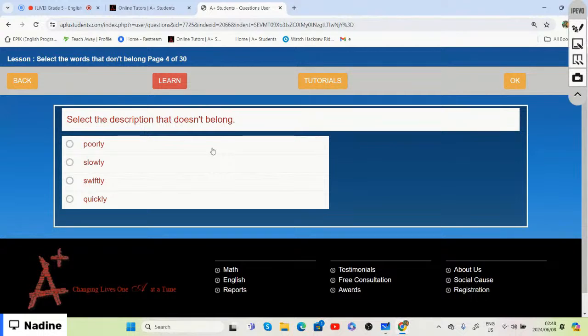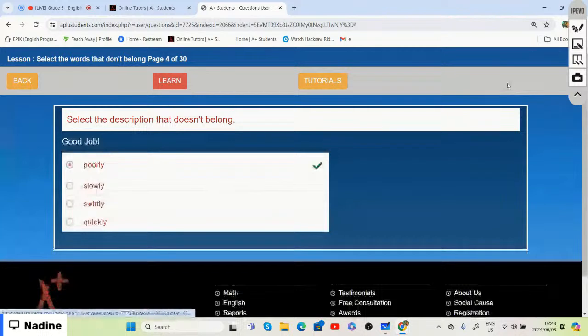All right. And if we were to select the description, we would say poorly, right? Because when it comes to the speed that we do it, we can say the person is doing it slowly, the person is doing it swiftly, like chop chop, or the person is doing it very quickly, right? So well done.